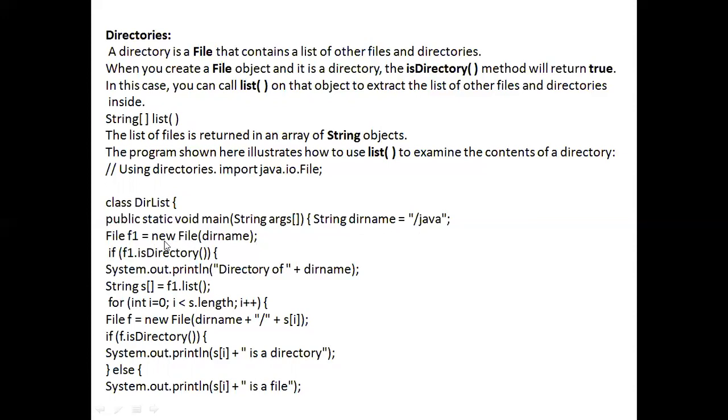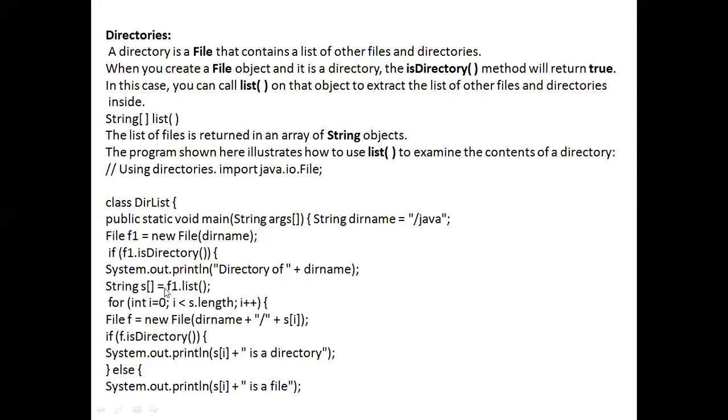So File f1 is equal to new File of dirname. So f1 is a directory. Here the directory name is java. So if f1.isDirectory, then System.out.println Directory of dirname. Okay. So string array: here we declare the string array by using the method list.